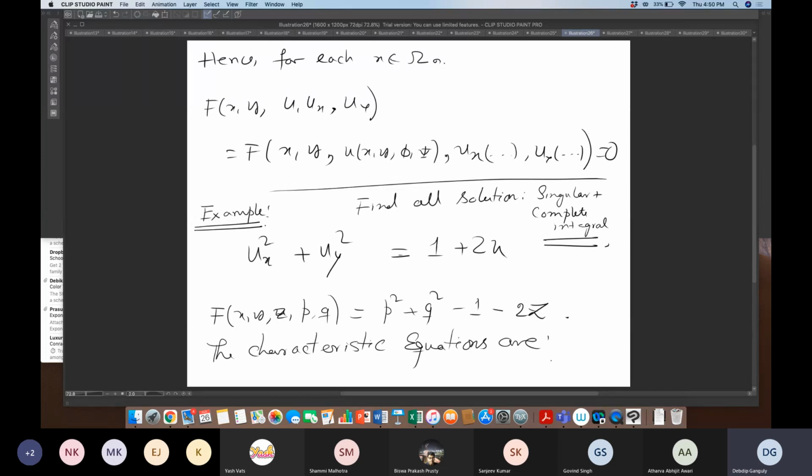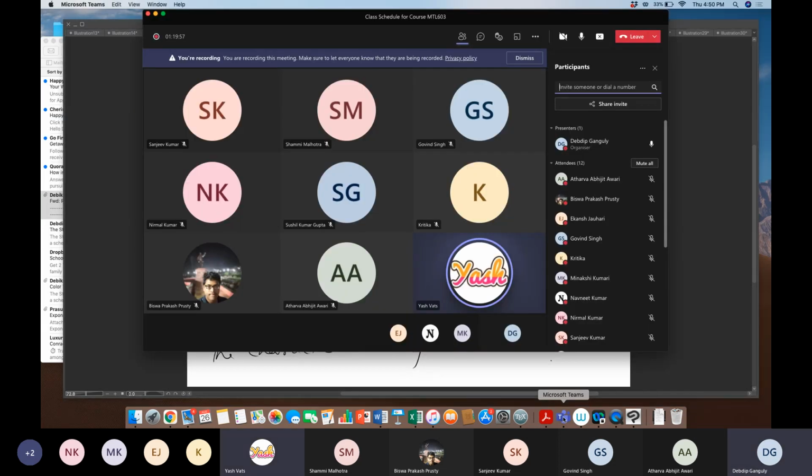Is that clear, all of you? Can we also make the envelope of the complete integral, like we have done?